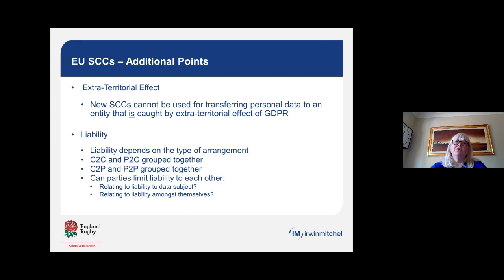Because there is a provision to say that if one party essentially has to pay out to a data subject as a result of something the other party has done, then they can recover it from that other party, which is not sounding to me like the ability to limit your liability. But again, I think this is something that needs a bit more ironing out and thought. So it is a case of let's watch this space in terms of where that ends up.